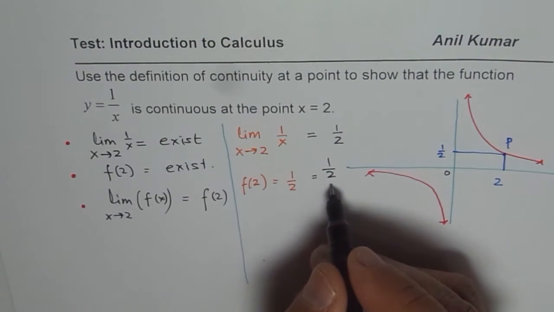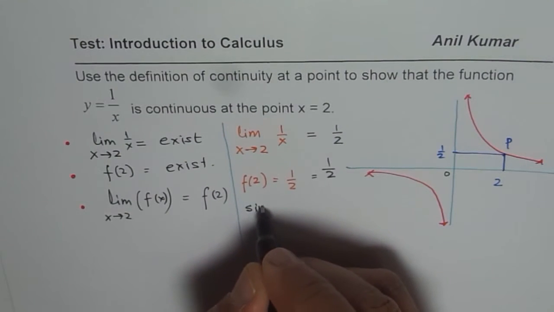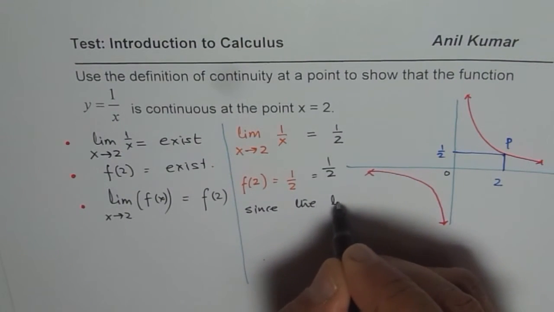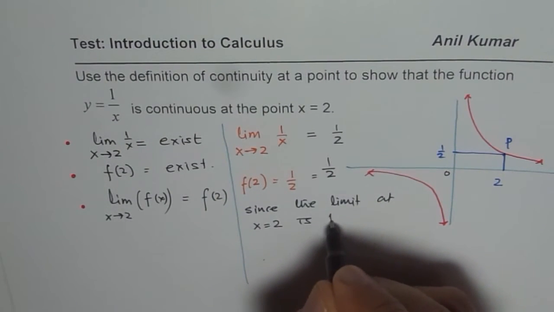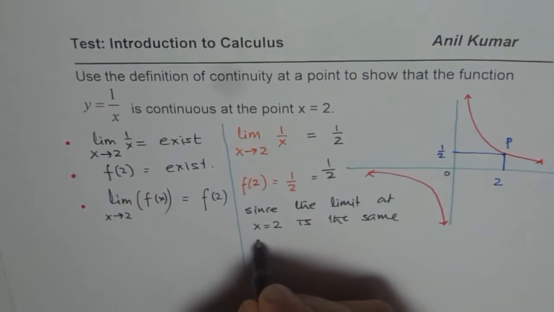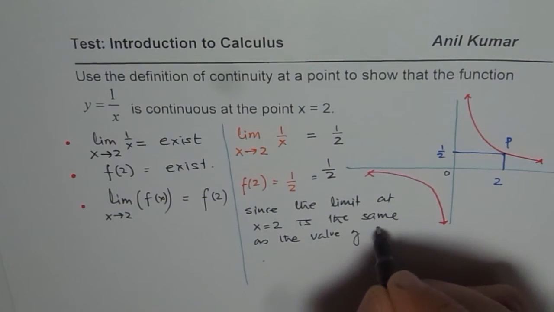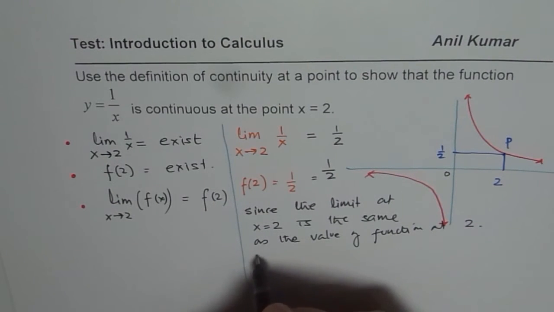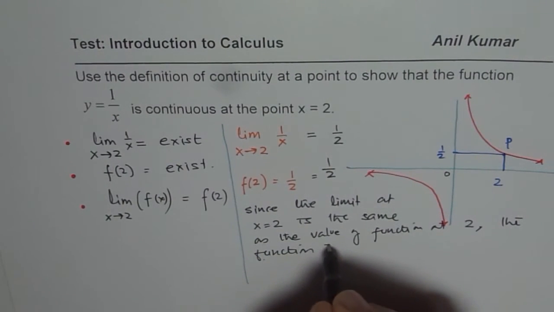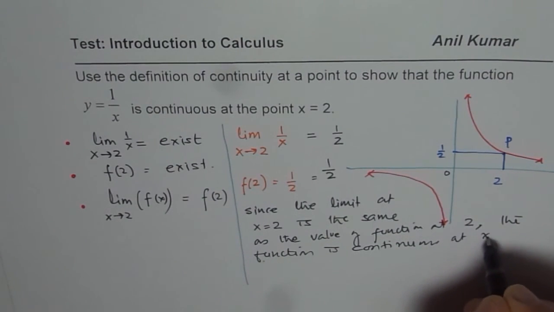Since the limit and the value are the same, we say the function is continuous. So we say, since the limit at x equals 2 is the same as the value of the function at 2, the function is continuous at x equals 2.